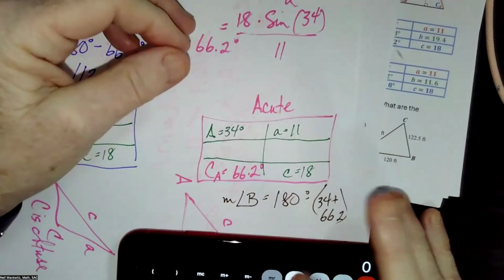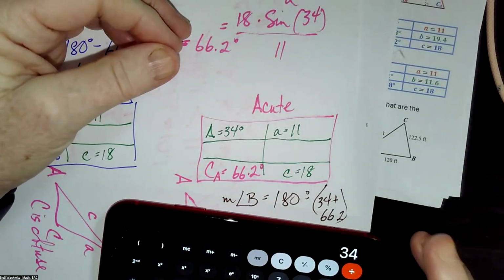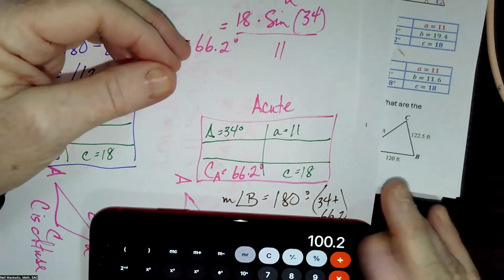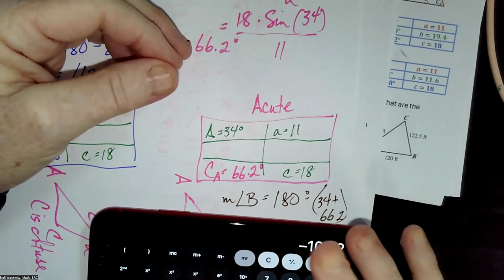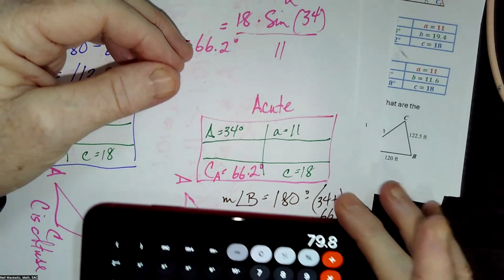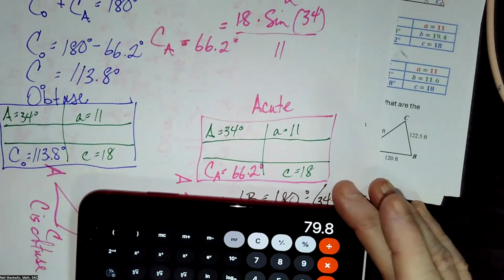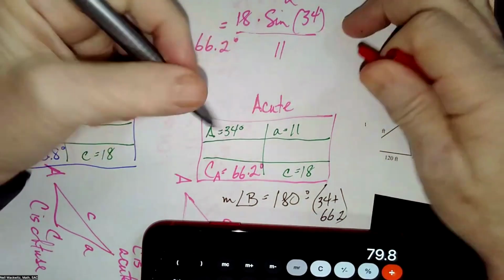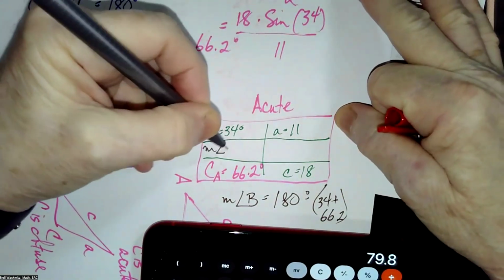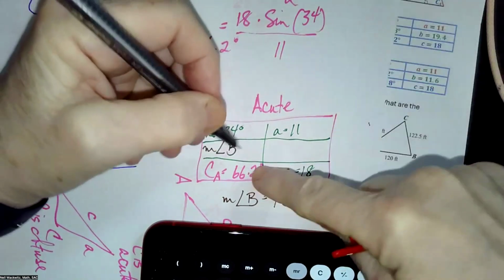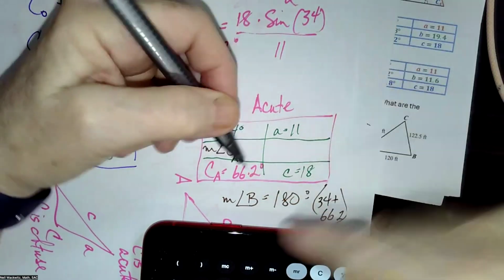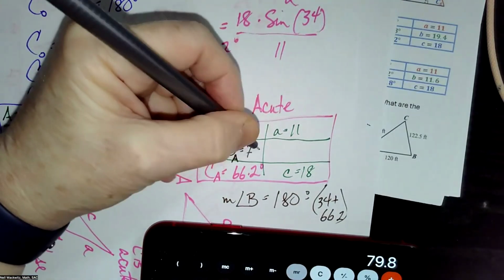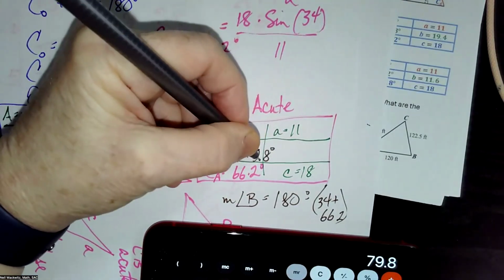So that's 34 plus 66.2, subtracted from 180. We get 79.8 for angle B. So the measure of angle B, and I'm going to put acute because it's going with the acute triangle, is 79.8.